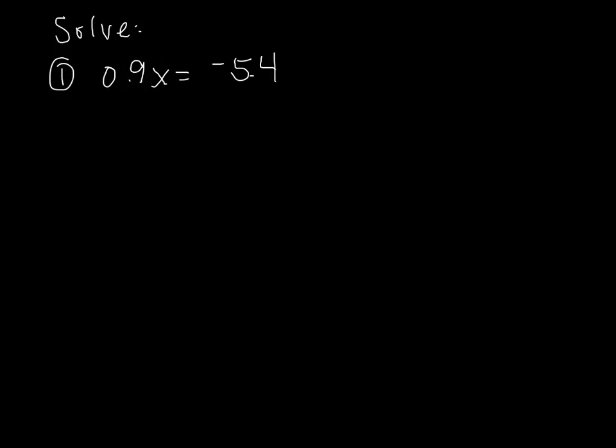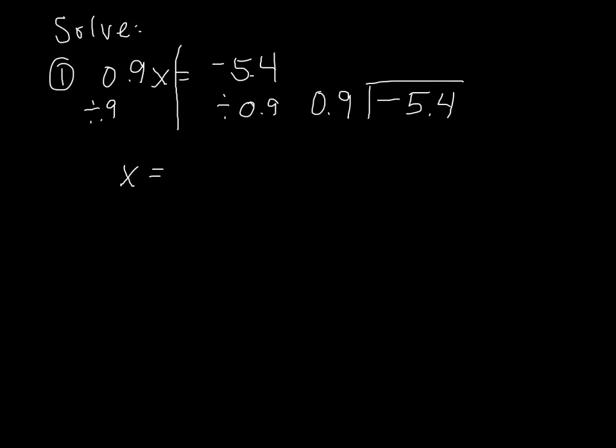So right now, here's my barrier. I can't cross that unless I do the same thing to both sides. Okay, so right now I have 0.9 times x. So that means I need to divide both sides by 0.9. 0.9 divided by 0.9 is 1, so I'm left with x equals negative 5.4 divided by 0.9.